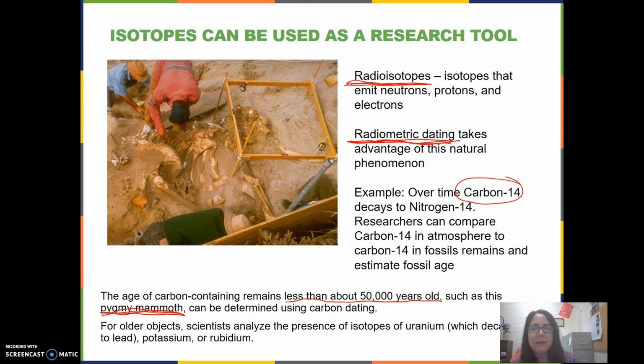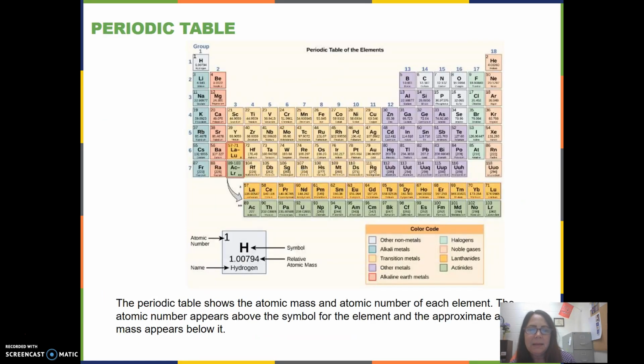And so the age of that pygmy mammoth can be determined using carbon dating. But for older fossils, we have to use different radioisotopes like uranium, potassium, or rubidium. So that's just one use of radioisotopes. We also use radioisotopes to do scans like thyroid scans and PET scans, that kind of thing.